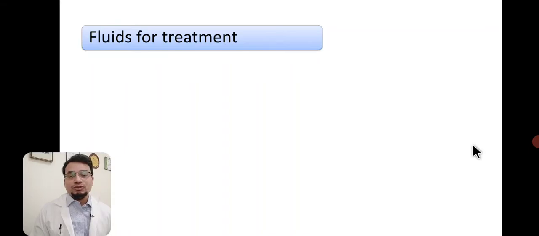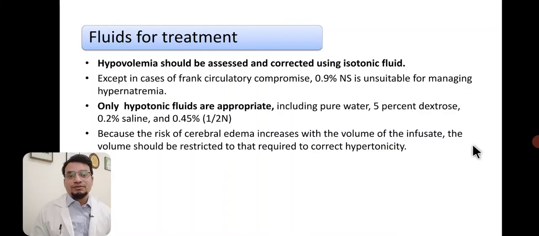So commonly we use hypotonic fluid like D5 or half NS to correct the hypernatremia. But if the patient is showing signs of hypovolemia and circulatory compromise, 0.9% normal saline is usually suitable. But in other conditions, hypotonic fluids, as I said, will be appropriate.